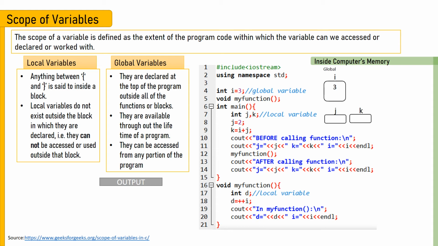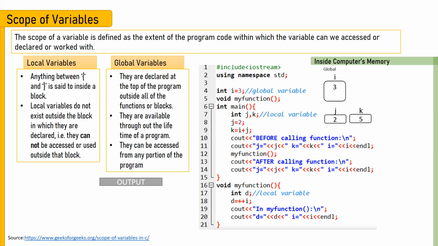In main function, we also declare two local variables, j and k. In line 8, we assign 2 to j, and in line 9, I plus j is assigned to k. Now the value of k is 5.